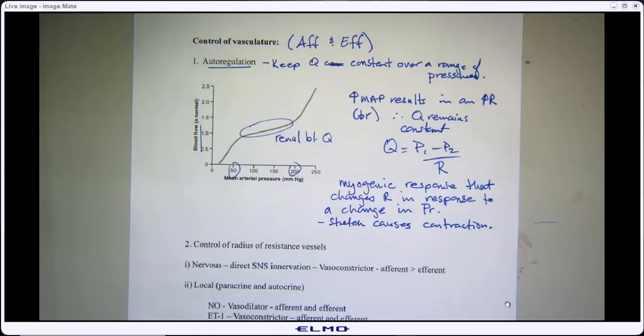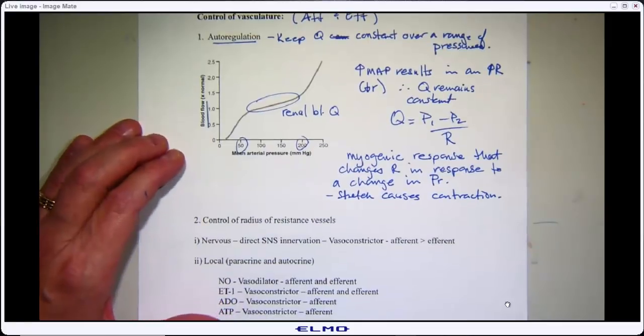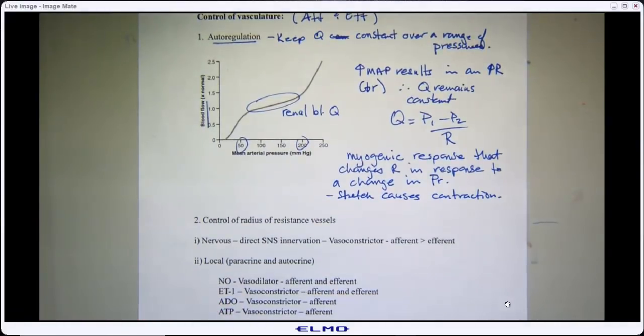So no matter how many times you sit and stand in a day, you're not going to change pressure in the glomerulus based on that maneuver, and you're not going to lose excess amounts of fluid. So that's why we have the myogenic response. It tries to keep flow constant because we change our body position all the time. We don't want to be fluxing fluid based on body position.